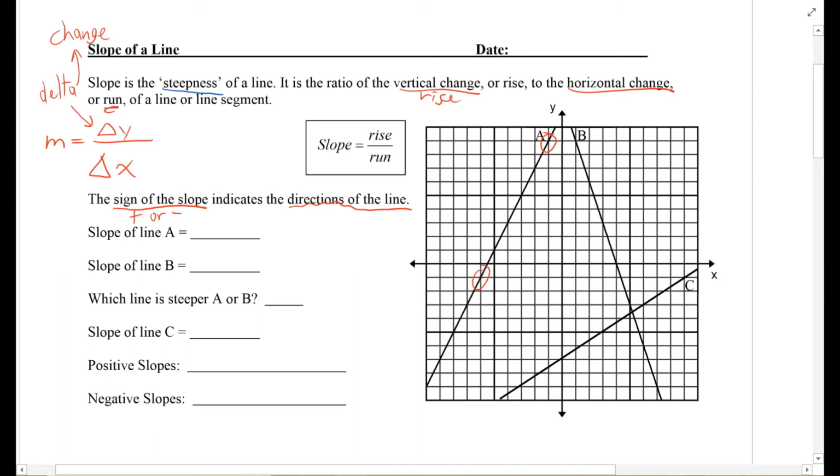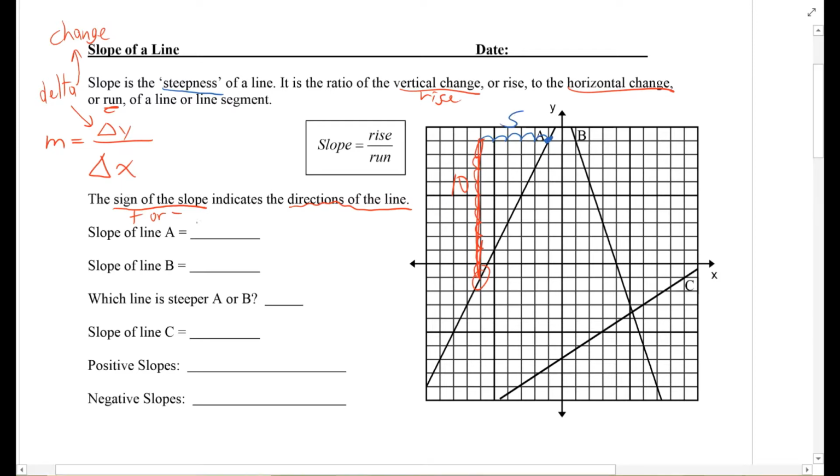We will go up from one point to the other, 1, 2, 3, 4, 5, 6, 7, 8, 9, 10. So we go up 10 squares. And then what about over? Going over to this point here, we go over 1, 2, 3, 4, 5 squares.